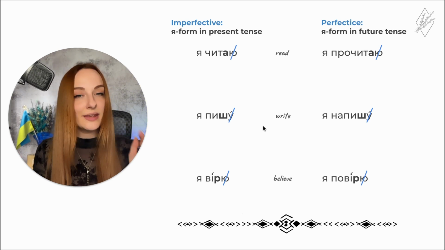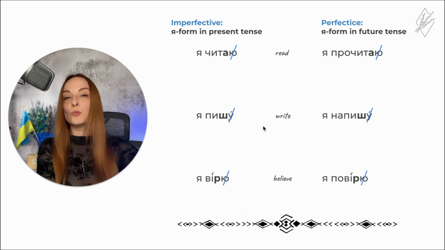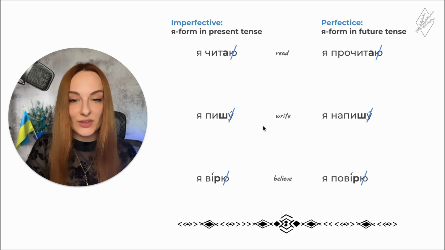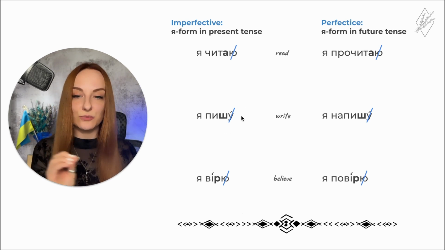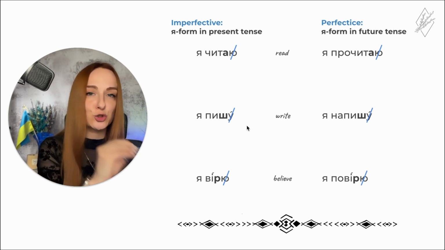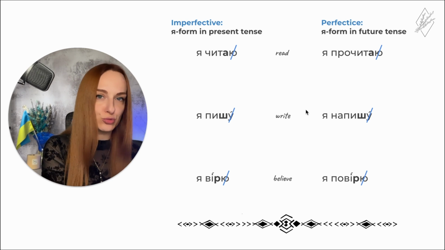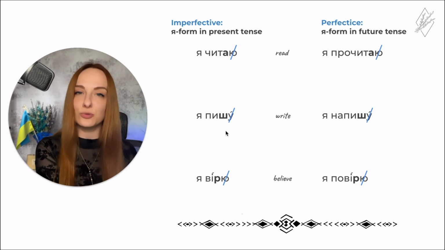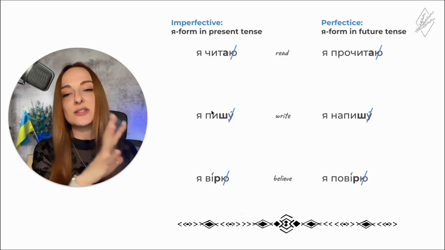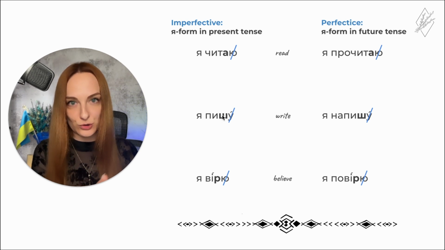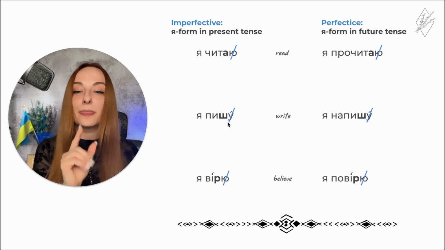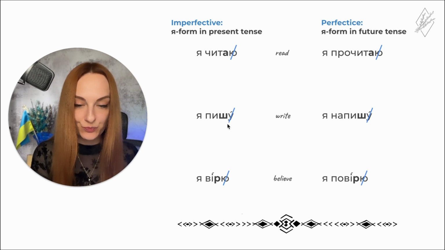But if it ends with a consonant, like in these two situations, what's the difference between them? Here you already need to know where the stress is. So if the ending was stressed, like in я пишу, я напишу, so you drop У, but you know that it was stressed, the stress doesn't go to the stem, to the root of the word, then it's the second group.